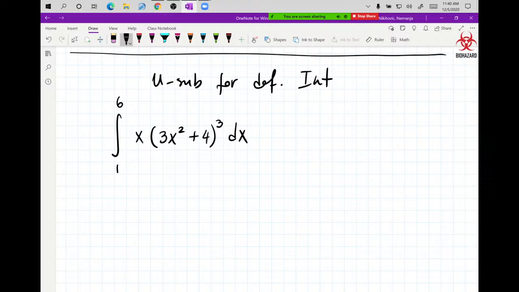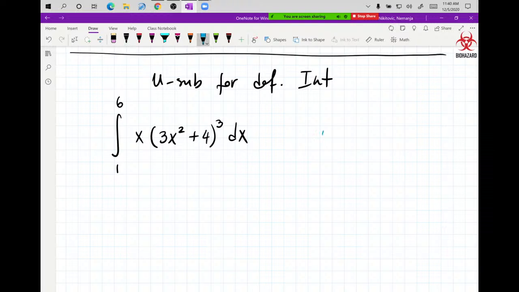So it is a Usub problem. It is not impossible to foil this, because it's just a cubic, and then distribute x and use 4.9 and basic definite integrals to solve this. It's not impossible, but we can also do the Usub.